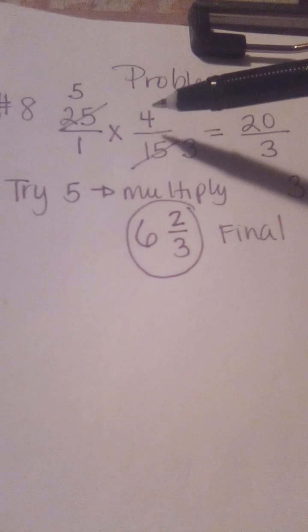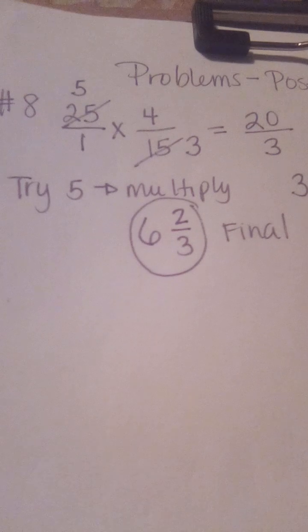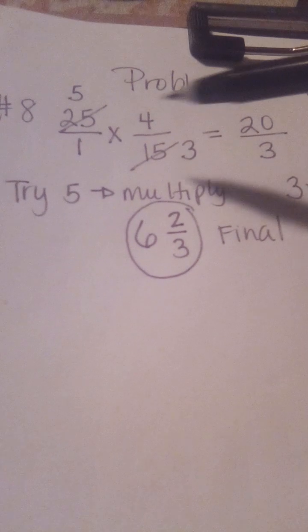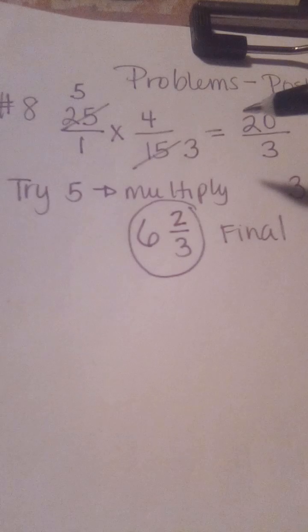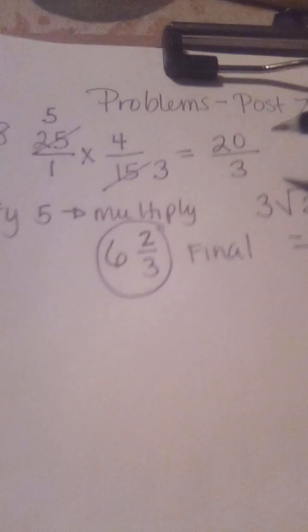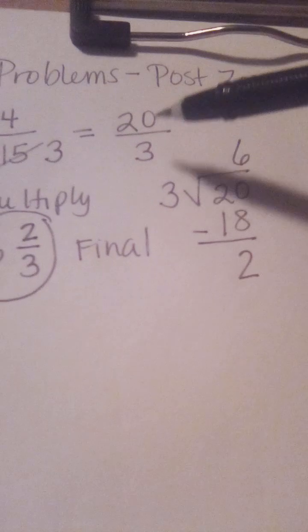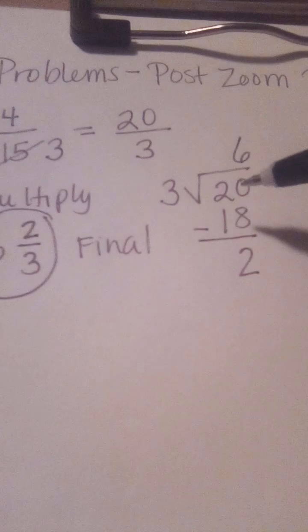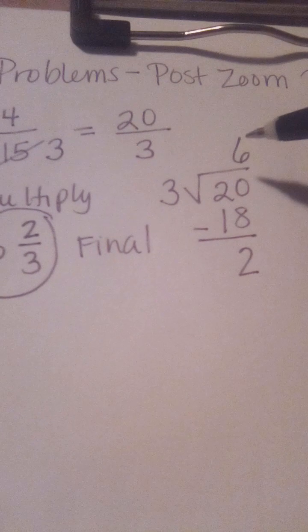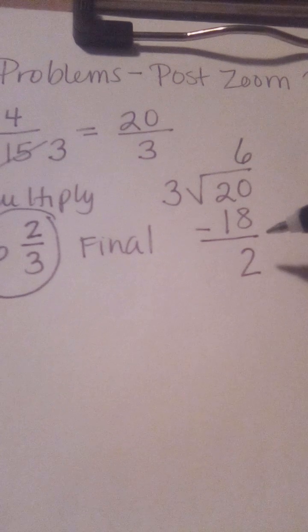Once you finish that process and no more numbers reduce, we multiply the numerators and the denominators, which gives us 20 over 3. And then ask yourselves this question: what goes inside the box, which is the 20? Outside the box is 3, and the rest is history.